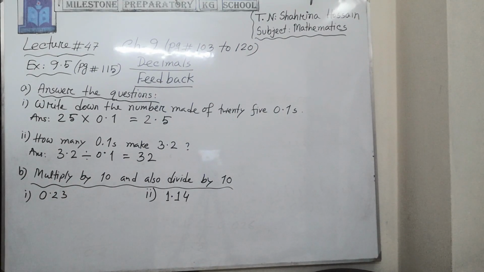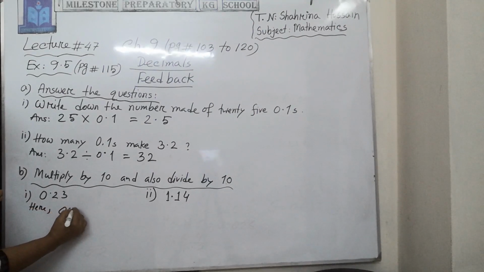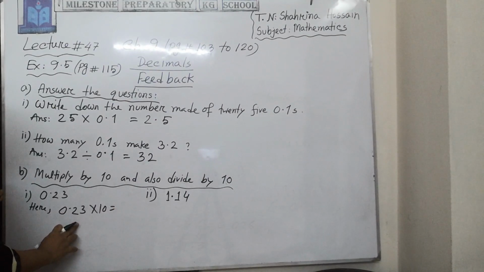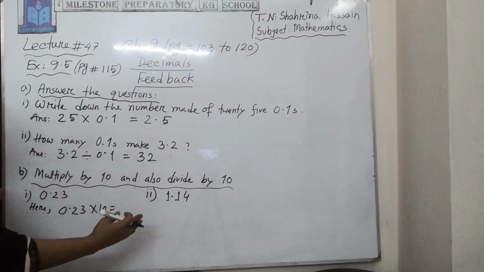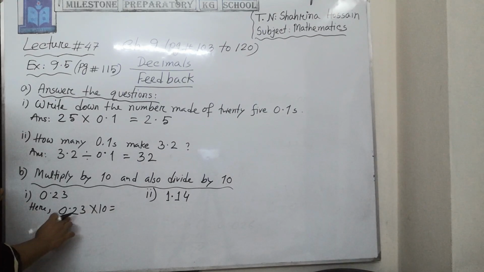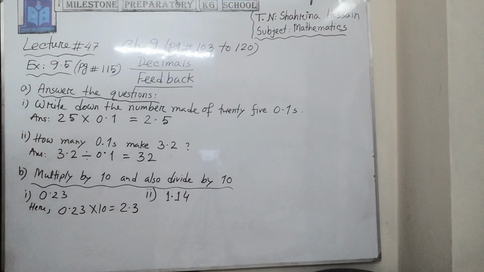Now number B, multiply by 10 and also divide by 10, as on page number 115. Here we will at first multiply by 10. So my answer is, same things, the decimal point's position will go one step right. That means 2.3.